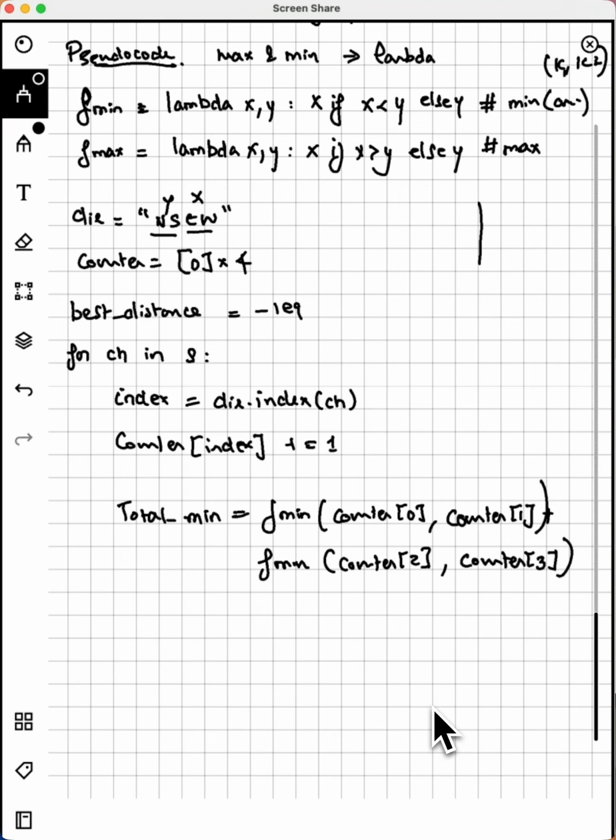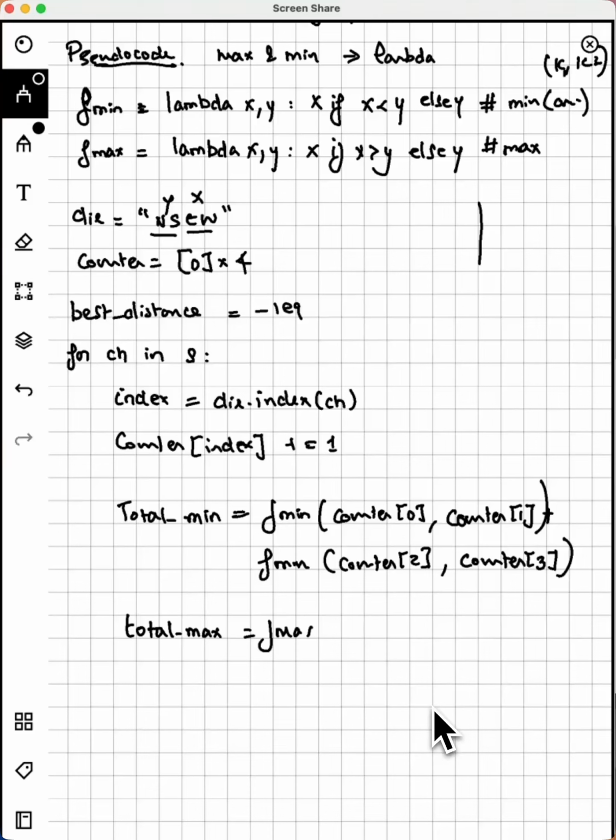Now same thing for the total max. So total max is equal to f max of counter 0, counter 1, counter 2, and counter 3.